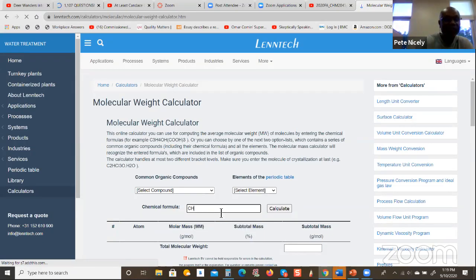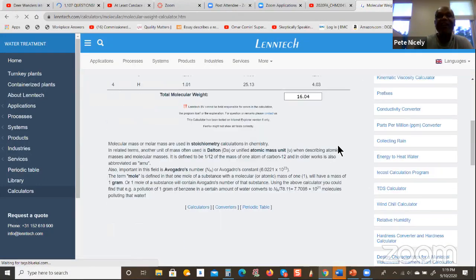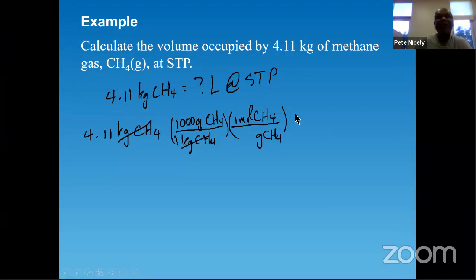Calculate, and according to this, it works out to be equal to 16.04 grams per mole. So let me go back to the PowerPoint here. Here I'm going to put 16.04.